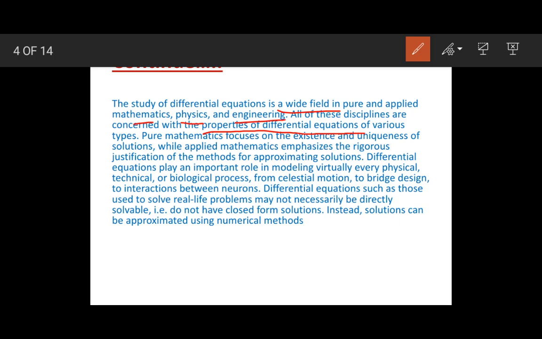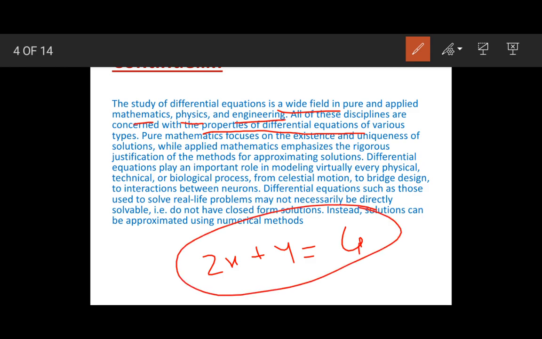Like in algebra you get an equation like 2x plus y is equal to 4, a simple equation. Like that, in engineering, in physics, in mathematics, everywhere you will get a differential equation.